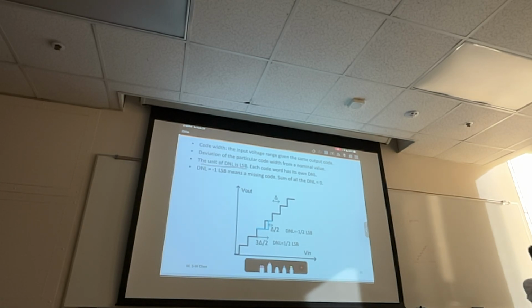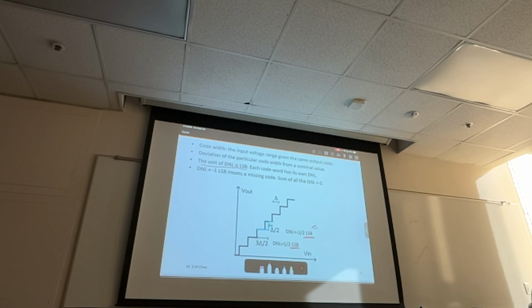Why? Because if you say this deviates by 2 millivolts, that can mean different things, depending on whether you're designing a 10-bit ADC or 5-bit ADC or 3-bit ADC, because your delta is always different. So you've got to always normalize to the LSB. That's very important.